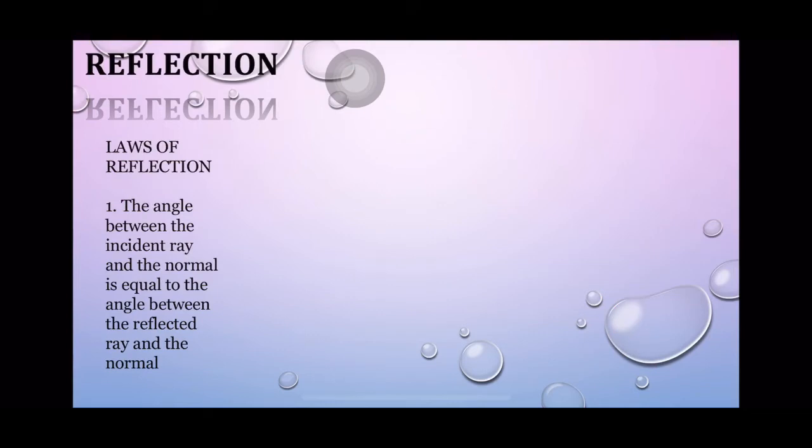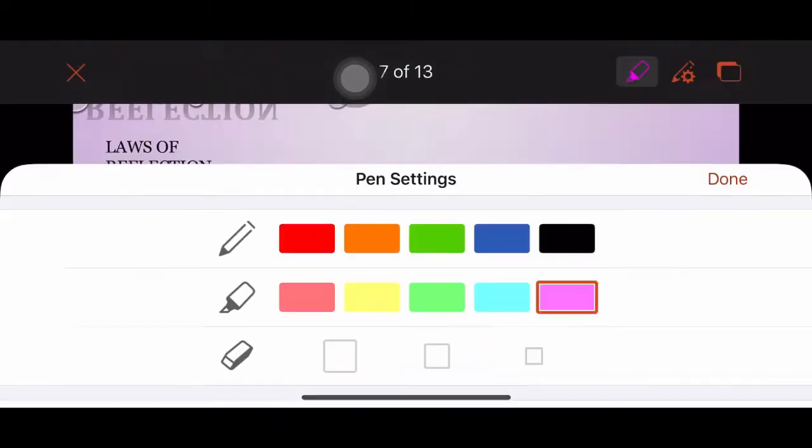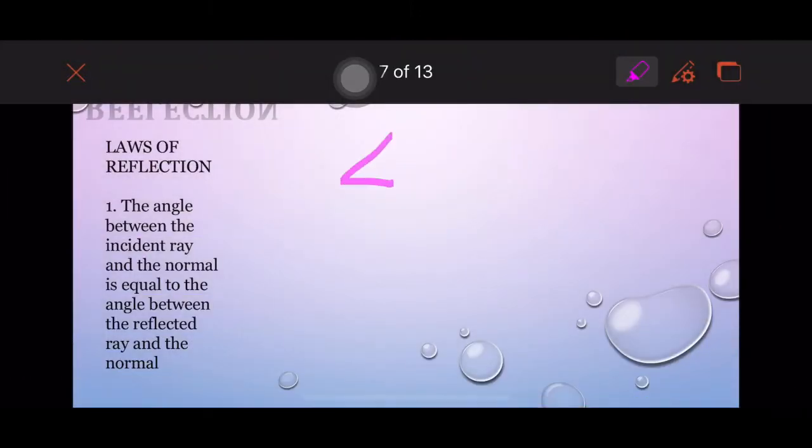Okay, moving on. Now there are two laws of reflection. The first one is: the angle between the incident ray and the normal is equal to the angle between the reflected ray and the normal. It simply says that angle I is equal to angle R. Angle I means incident angle, and R means reflected angle.